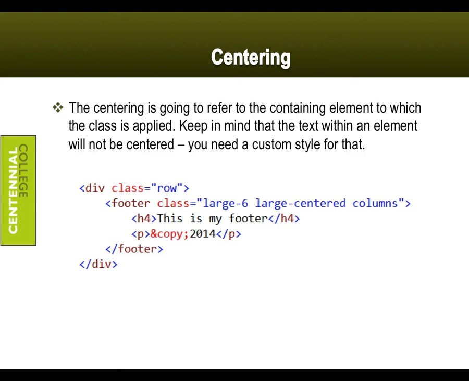The actual element will be centered, which creates a kind of weird effect, because it just centers the actual element, not the text. And sometimes you need to do that. You can do that by saying large centered or medium centered, if you want to center a particular thing. And sometimes you don't do that with other things. For example, when you go to small, maybe you don't want it centered. Maybe you want it on the left side or whatever. And you can specify that as well.